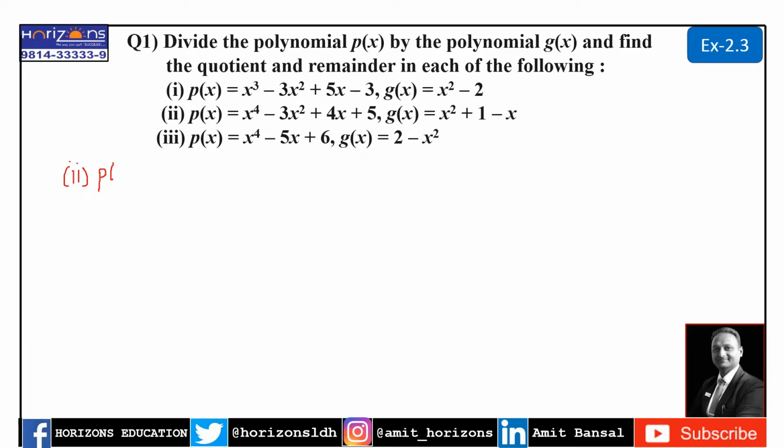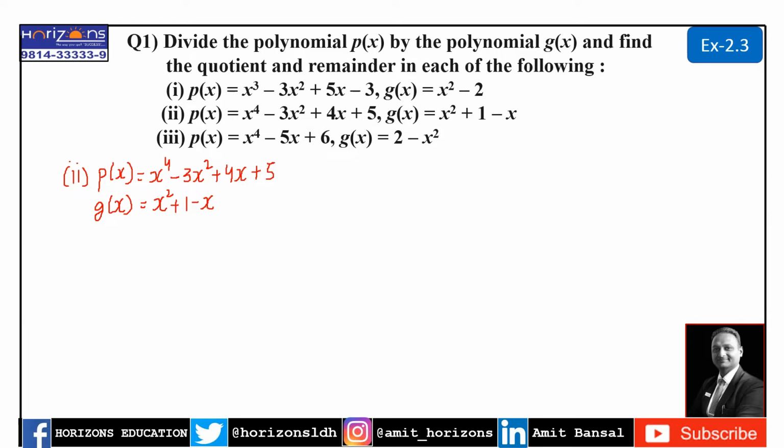So here p(x) is equal to x raised to power 4 minus 3x square plus 4x plus 5, and g(x) is equal to x square plus 1 minus x, right?